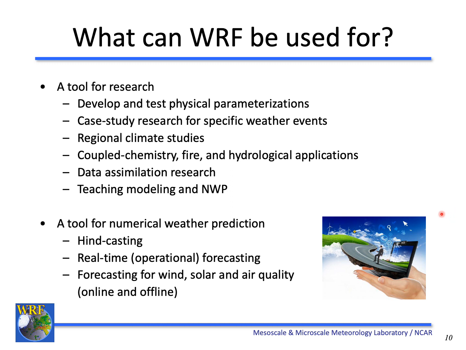The model has been used as a teaching tool for numerical weather prediction classes. In many organizations, the model is used for forecasting local weather, for wind and solar energy prediction, and for air quality forecasts, both online and offline.